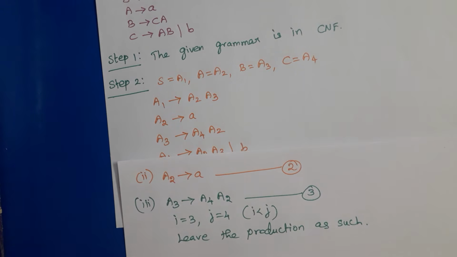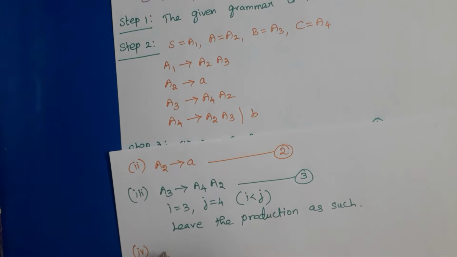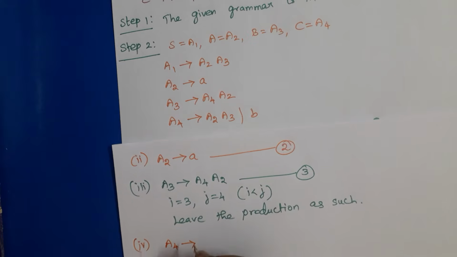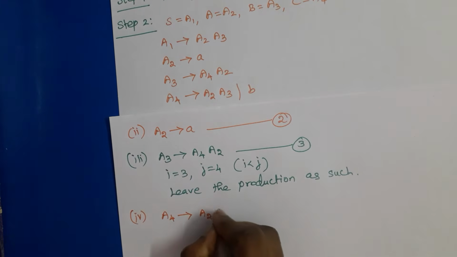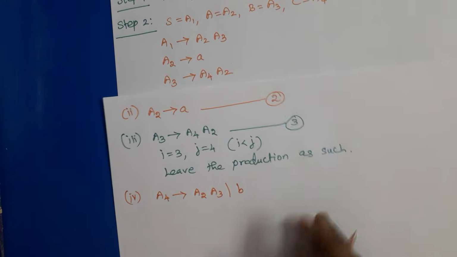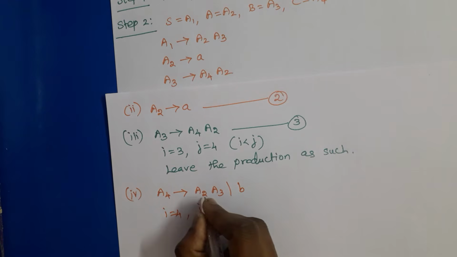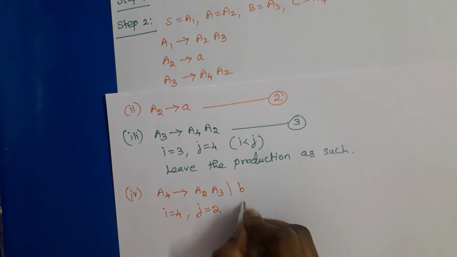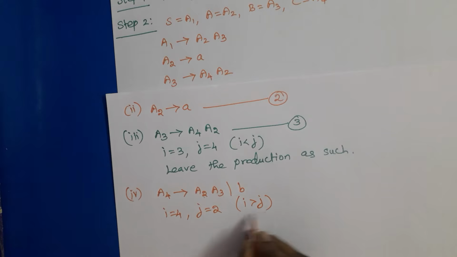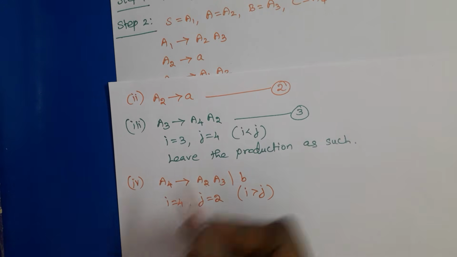So now we need to consider the final production. The final one is A4 implies A2 A3 bar b. So here i is 4 and j is the subscript of the first symbol in the right hand side, so that is 2. So here i greater than j. i greater than j case means we need to replace this A2 with its production body.